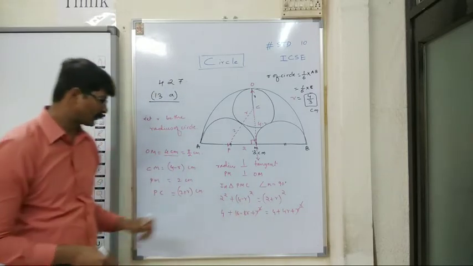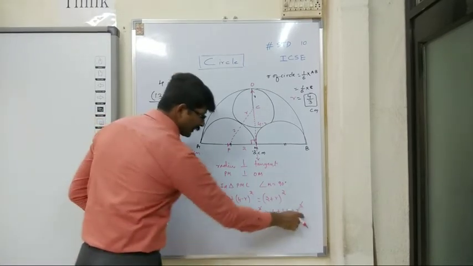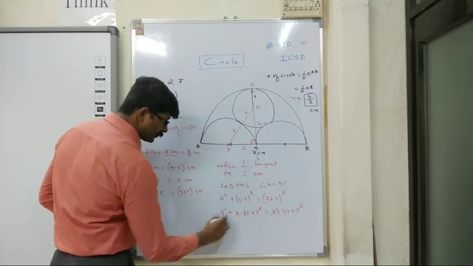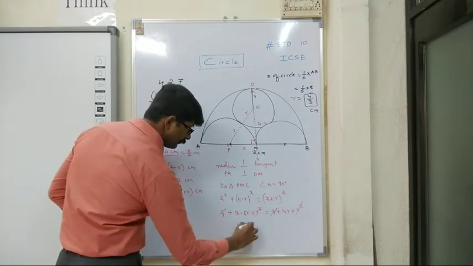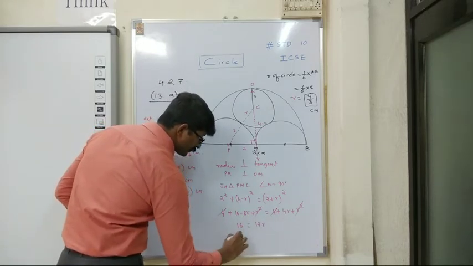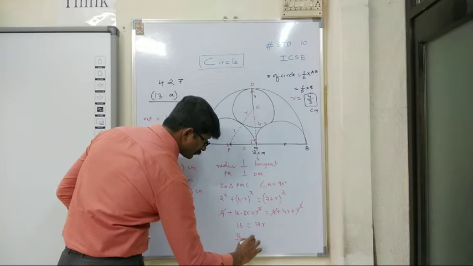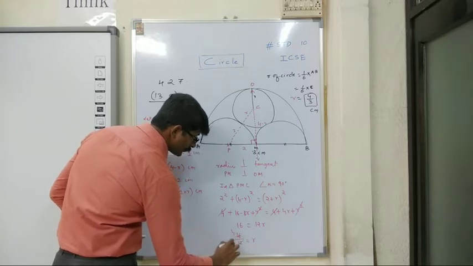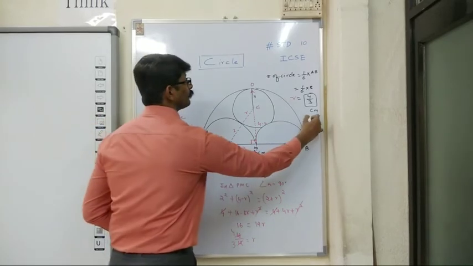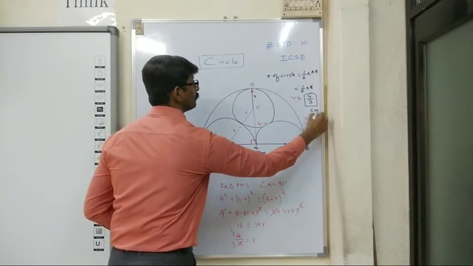Now you can cancel 4 and 4 as well. We are left with 16, which equals 8R plus 4R, that is 12R. So 16 by 12 equals R. 4 fours are 16, 4 threes are 12. So R equals 4 by 3, which you can write as 1 whole 1 upon 3 centimeter.